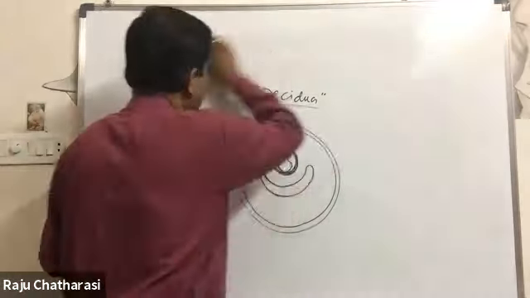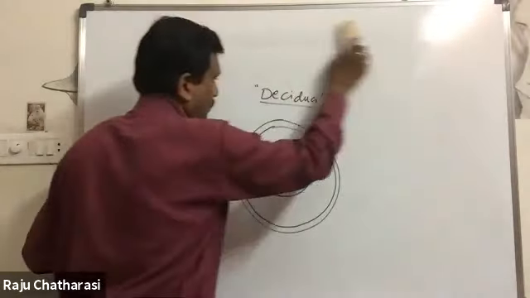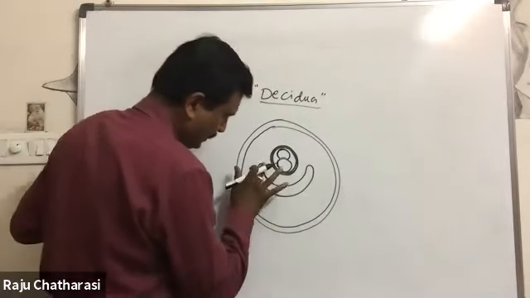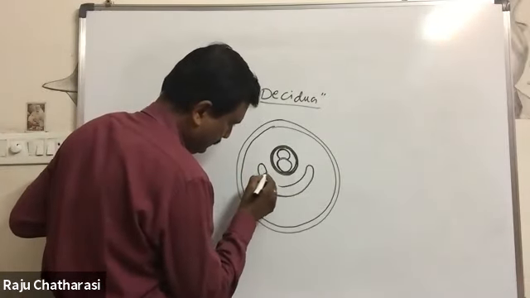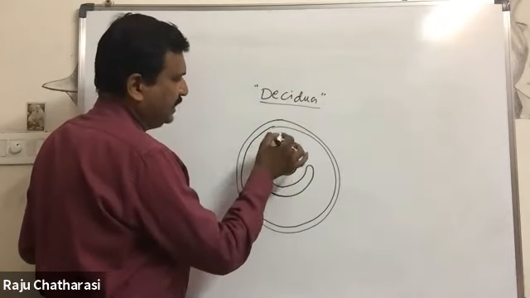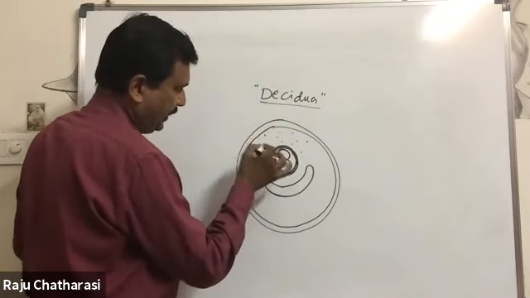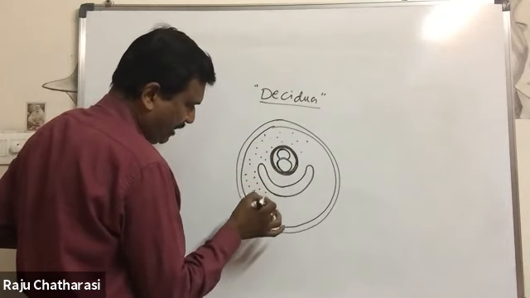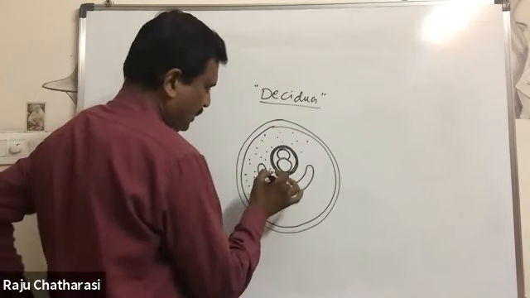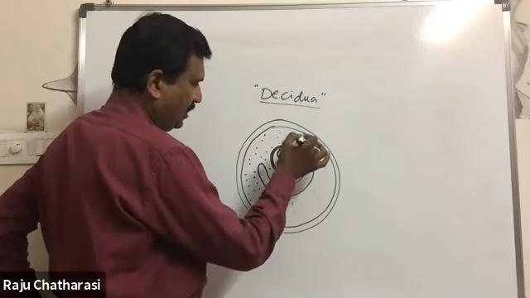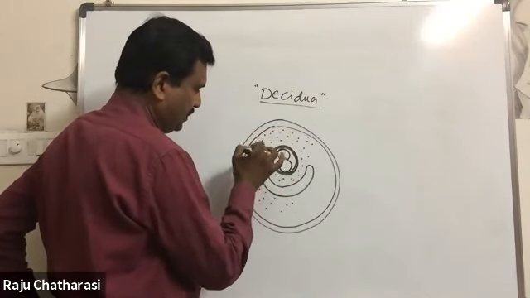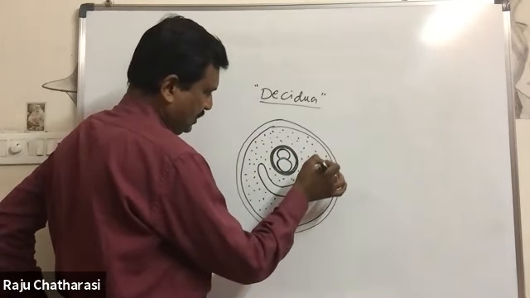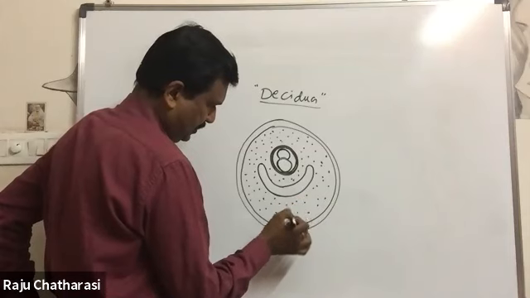We are discussing about decidua. Later we will discuss about the formation of bilaminar embryonic disc. See here, this entire dotted portion is called decidua, a spongy, highly vascular layer. Spongy, highly vascularized means which is rich with blood vessels. This is decidua.